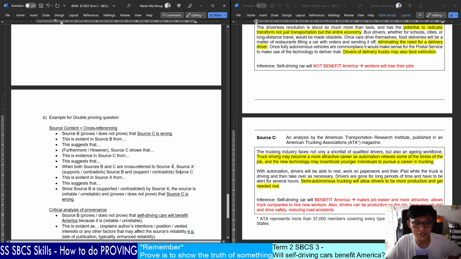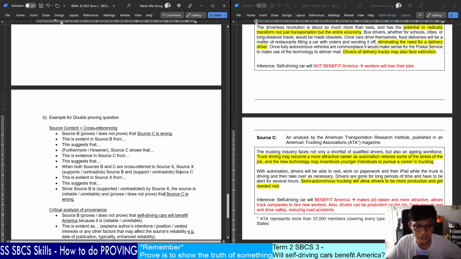Now, if source X supports both sources B and C, let me repeat that, your conclusion would be: since source B and source C are supported by source X, the source is reliable.